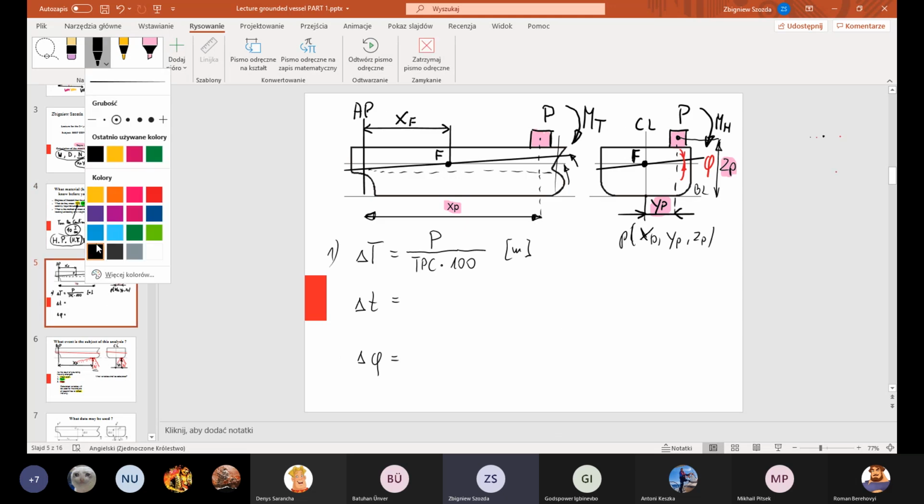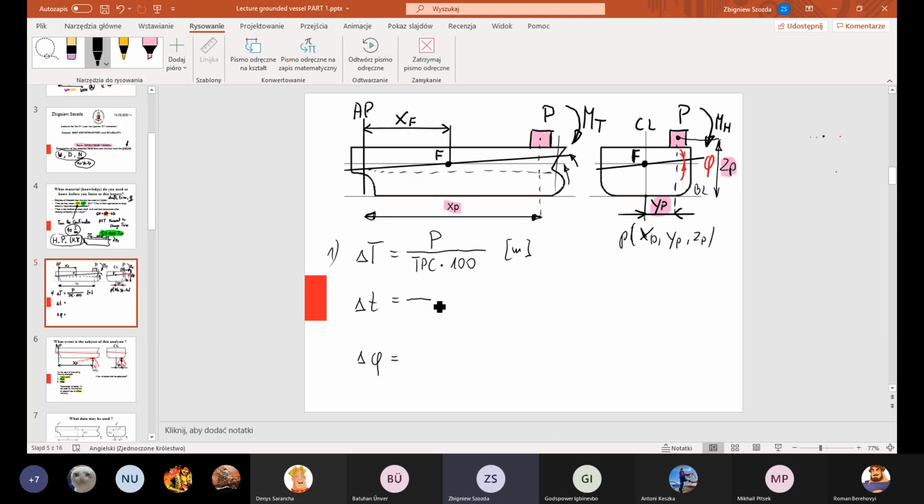Maybe the first formula, I will help you to some extent, you have to divide the trimming moment acting on your ship by, who will say, moment to change trim. Yeah, do you agree?